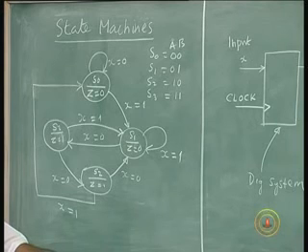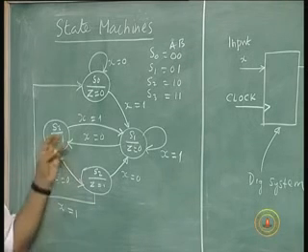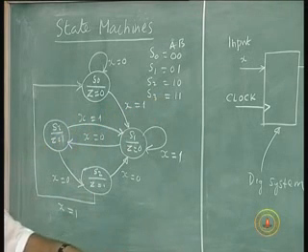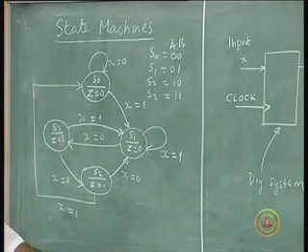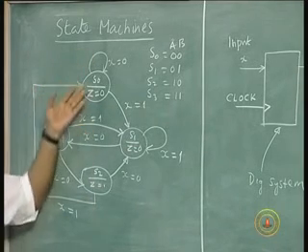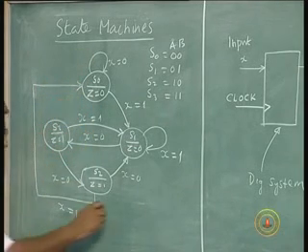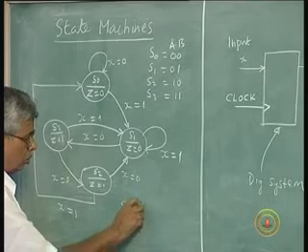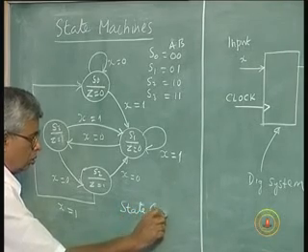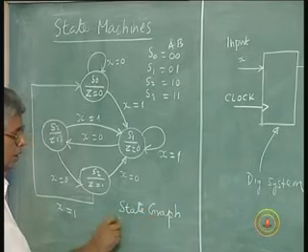If X is 1, it remains in the same state. If X is 0, it goes to state S3, which has a value of 11 for A and B, and so forth. So this is the state machine, and the representation of the state machine is called a state graph, or a state diagram.